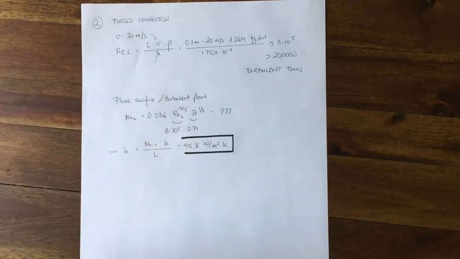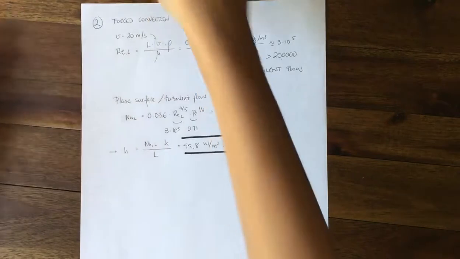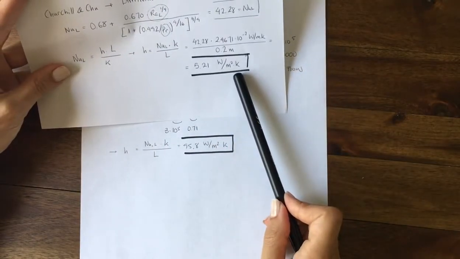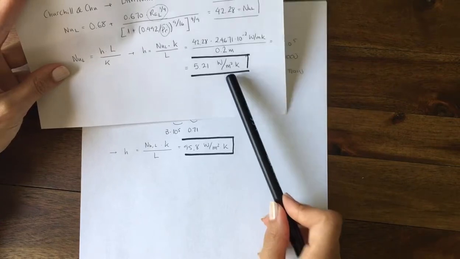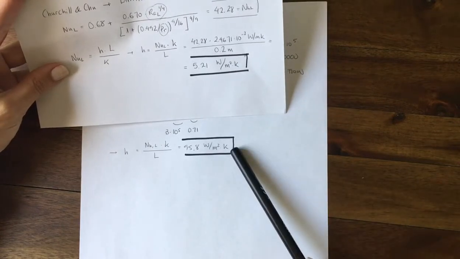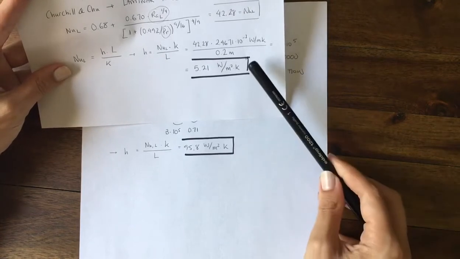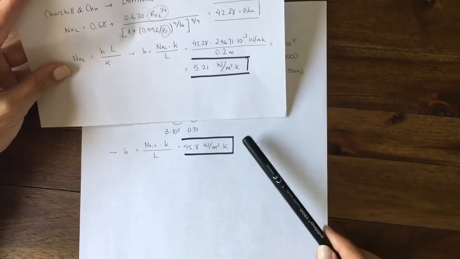So it's a higher convective heat transfer coefficient because the convection in this second case is forced. So this is natural convection and this is forced convection.